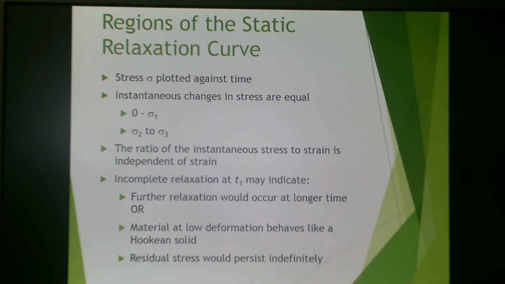You have instantaneous changes in stress, which are equal, so 0 to stress 1 and stress 2 to stress 3. The ratio of the instantaneous stress to strain is independent of strain. Incomplete relaxation at time 1 may indicate that further relaxation should occur at a longer time, or the material at low deformation behaves like a Hookean solid, and then you'd have residual stress that would persist indefinitely.